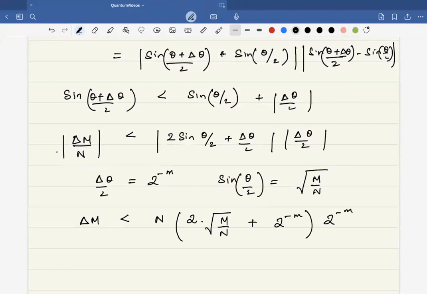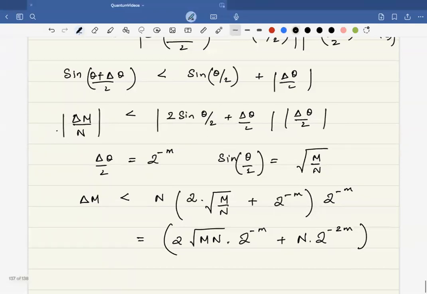So this should be equal to 2 square root of MN into 2 to the minus m plus N into 2 to the minus 2m.